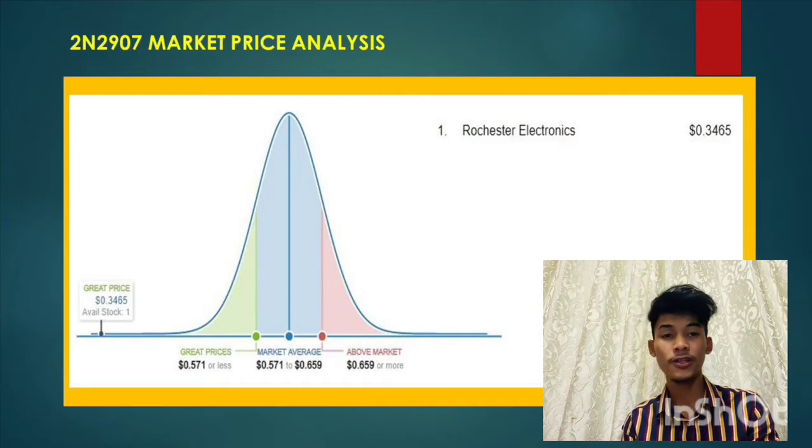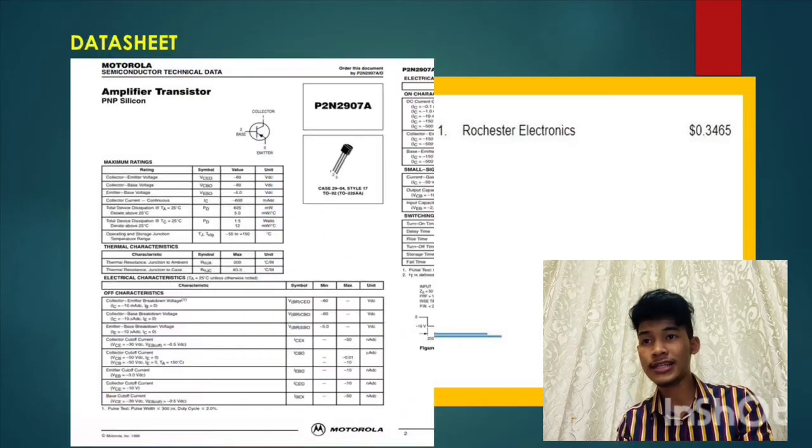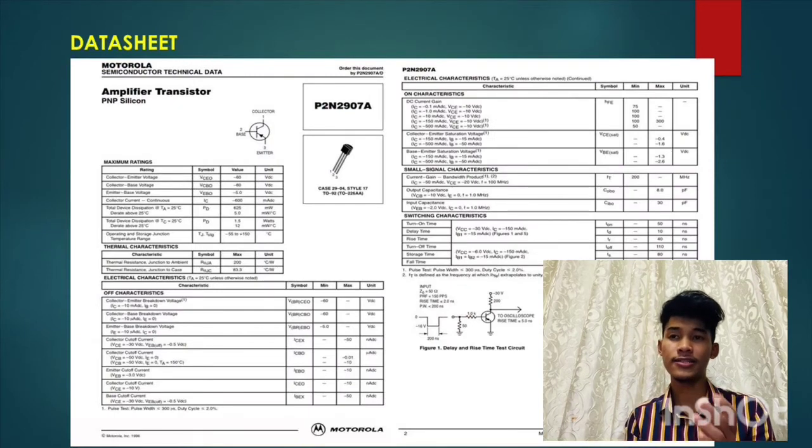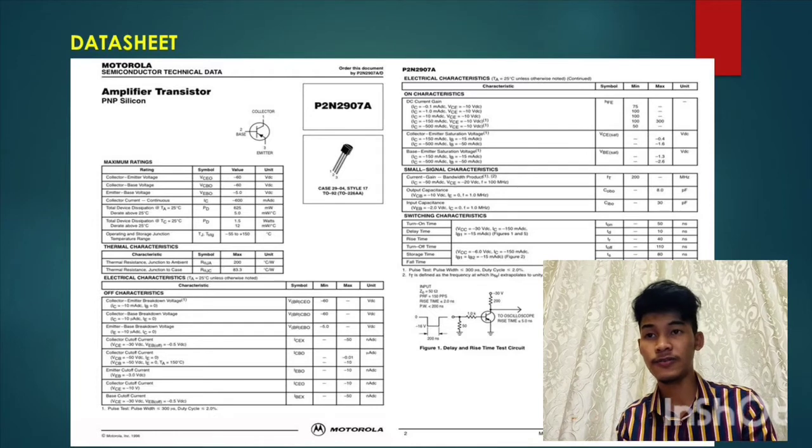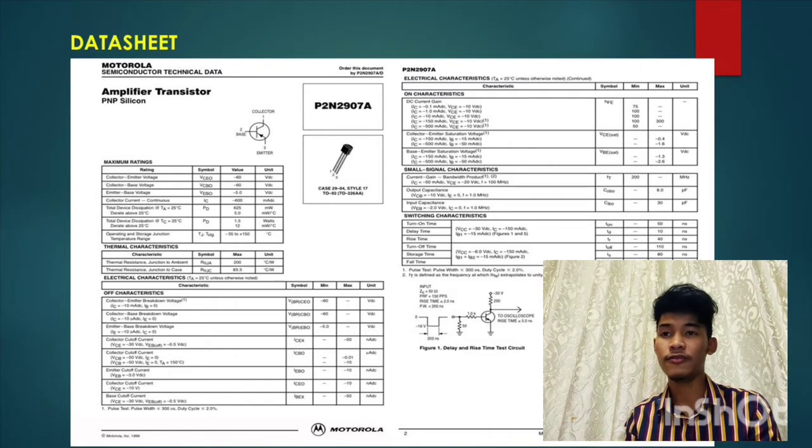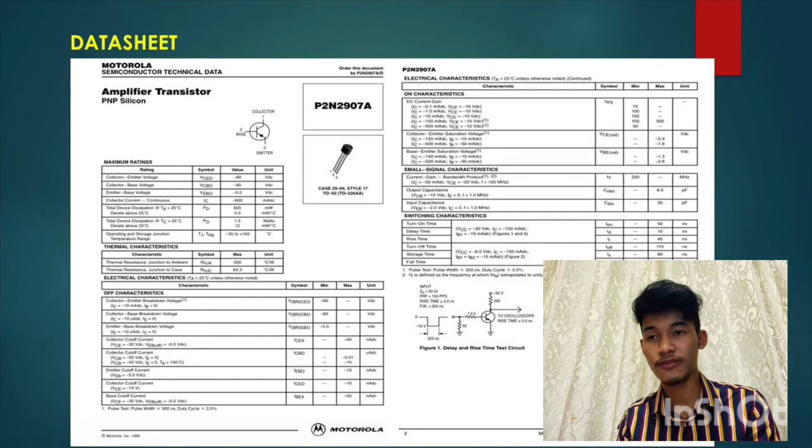Okay, we move to the data sheet. From the data sheet, I got it from a Google reference. So this is for the amplifier transistor 2N2907.